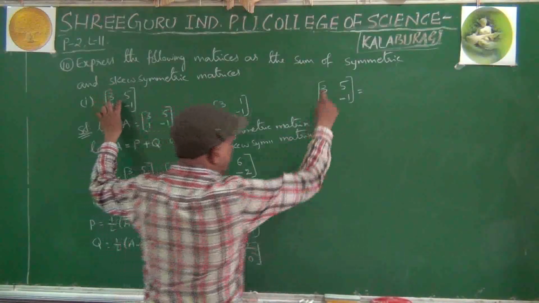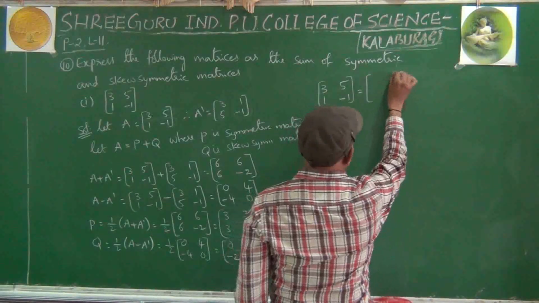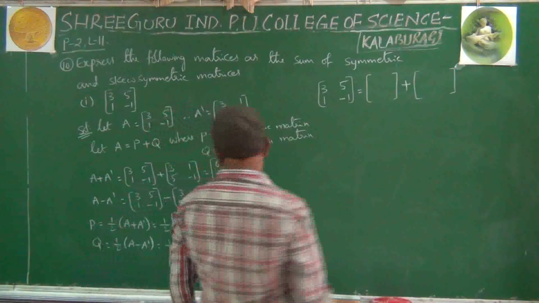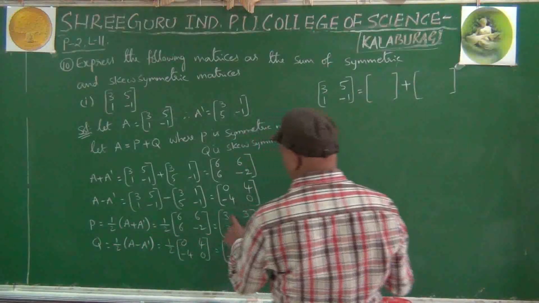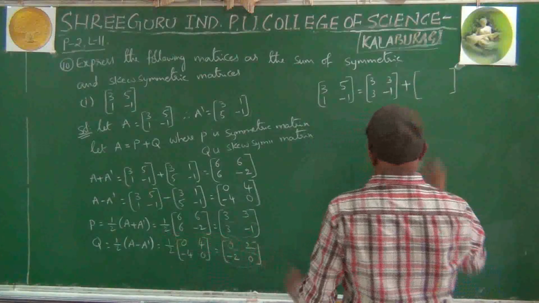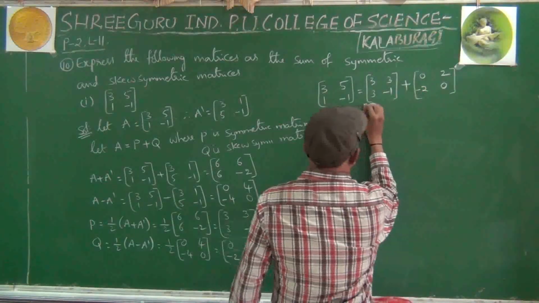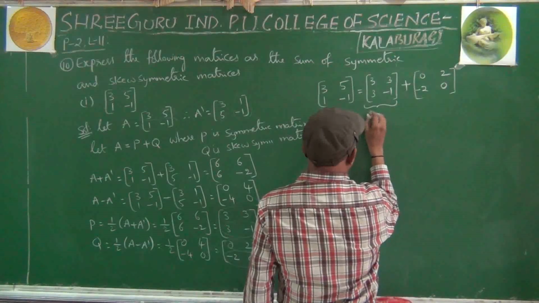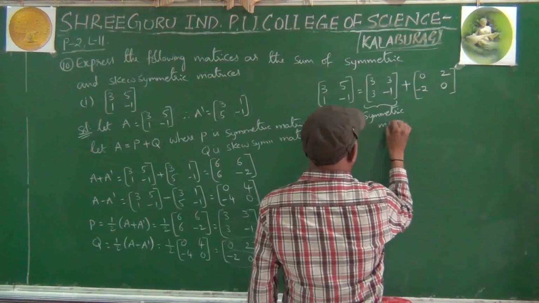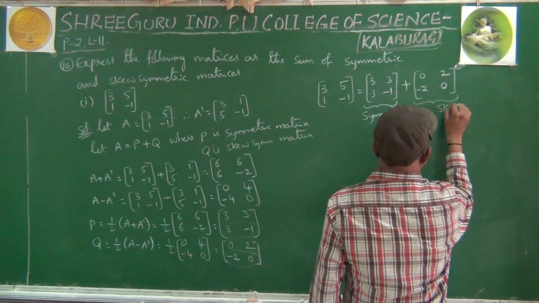Express the following matrix as the sum of symmetric and skew symmetric matrices. What is the symmetric matrix? P is 3, 3, 3, minus 1. Q is 0, 2, minus 2, 0. This is the symmetric matrix. This is the skew symmetric matrix.